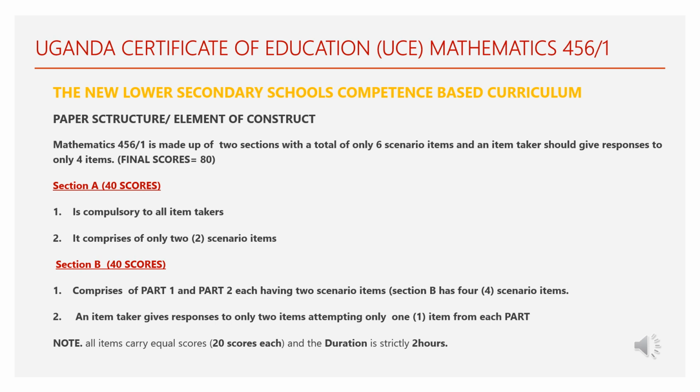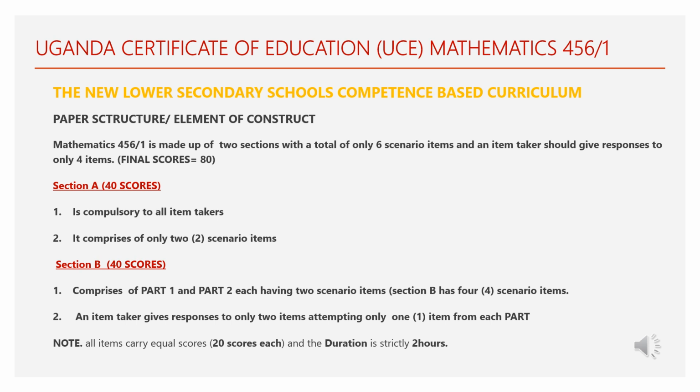And then, without forgetting that this paper is scored out of 80. The section A is also scored out of 40, then section B out of 40. Section A, we should not forget that it's a compulsory section that has 2 items that are actually compulsory. And then section B has 2 parts. These 2 parts, each part has 2 items.